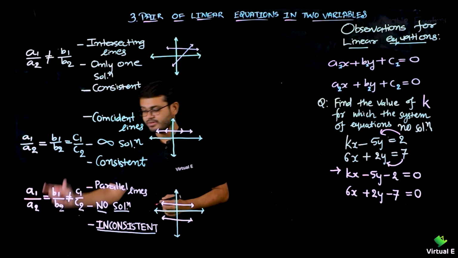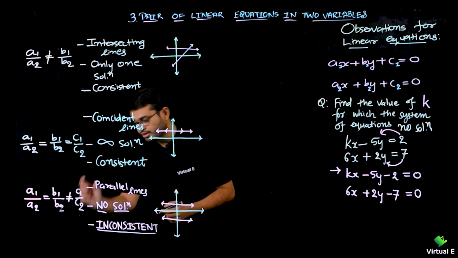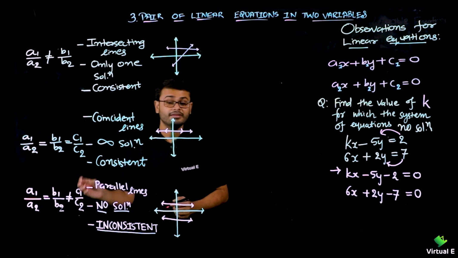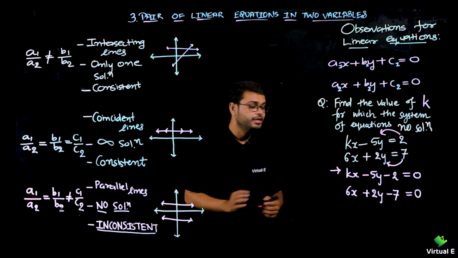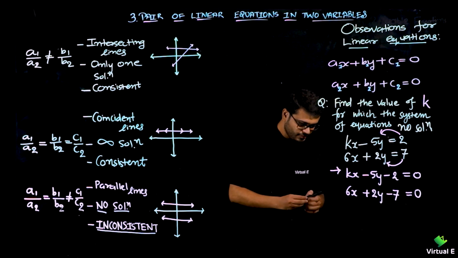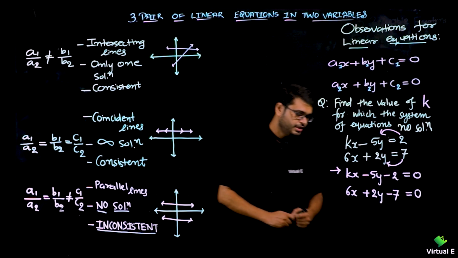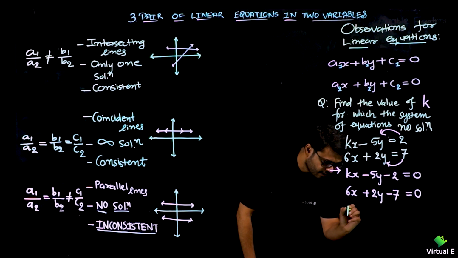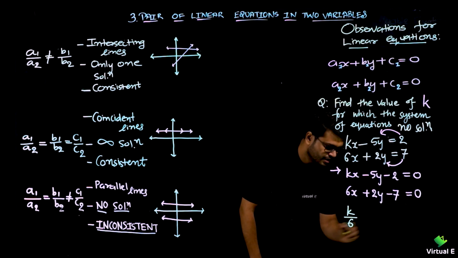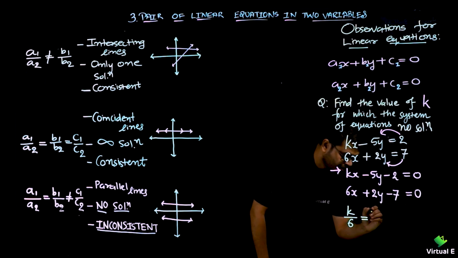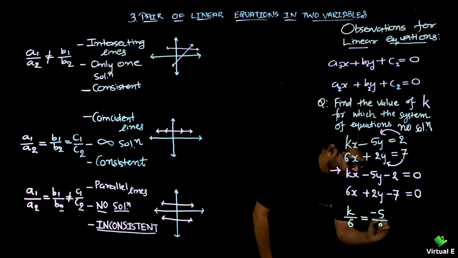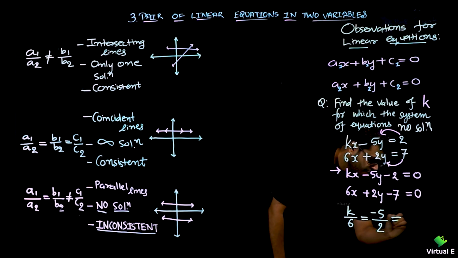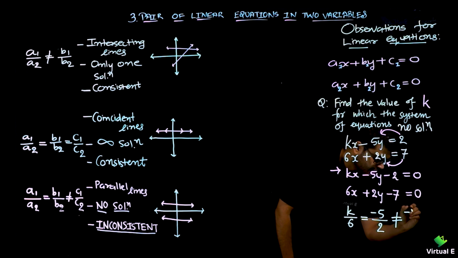First two ratios I will be taking equal and third ratio I will be taking as not equal. So if I write the ratios, it will become k over 6 equal to minus 5 over 2 is not equal to minus 2 over minus 7.